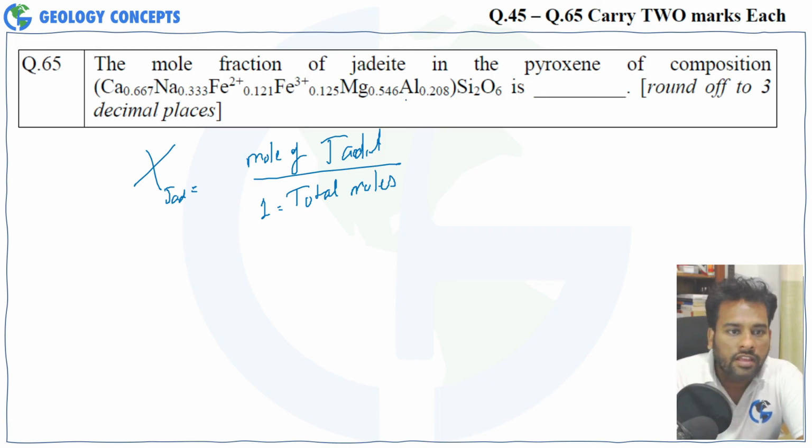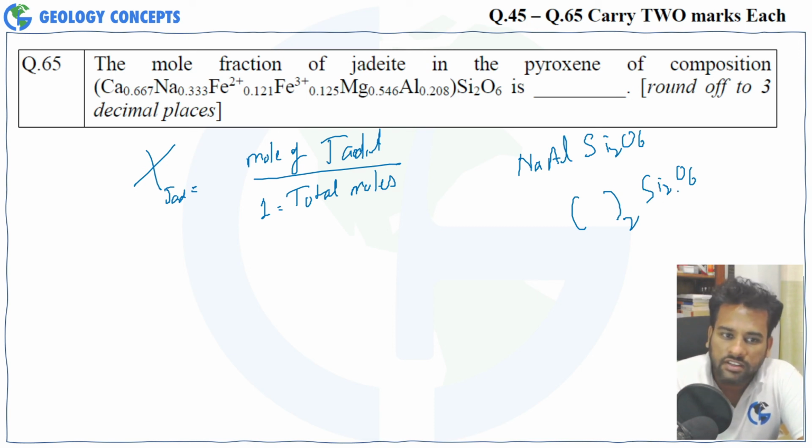Now the jadeite formula is NaAlSi2O6. And there is no aluminium in pyroxene, right? Pyroxene formula will be cation twice Si2O6. So there is no aluminium here. If there is aluminium, it will be in tetrahedral coordination, but this is Si2O6, that means there is no tetrahedral aluminium. All tetrahedral sites are occupied by silica itself.